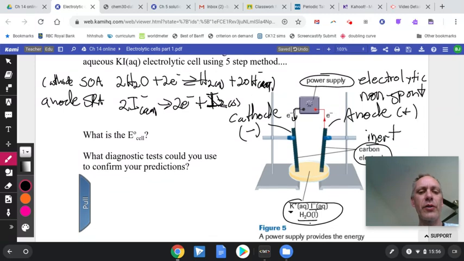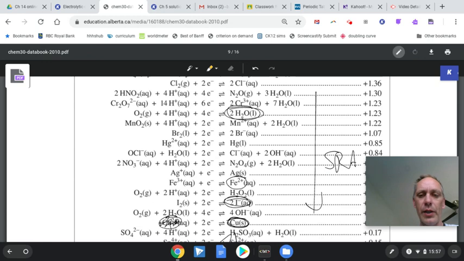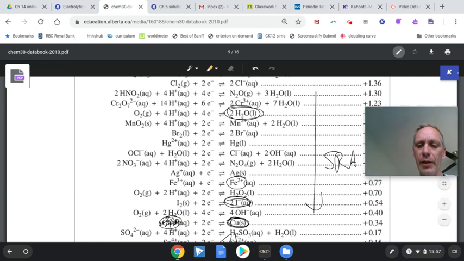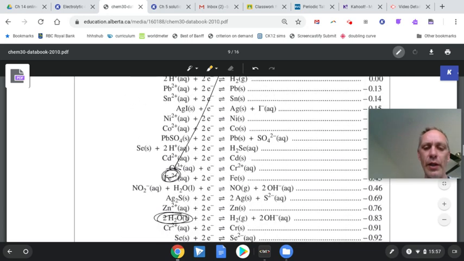Okay, and cell potential. We don't need to add this one up. If we did, the electrons are already balanced. We would just cancel out, bring things down, and the cell potential is cathode minus anode. On this one, I minus, our anode, is positive 0.54, and water is negative 0.83.